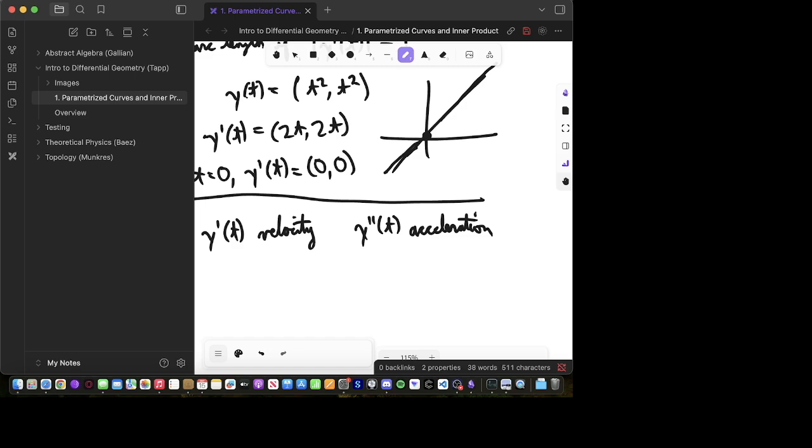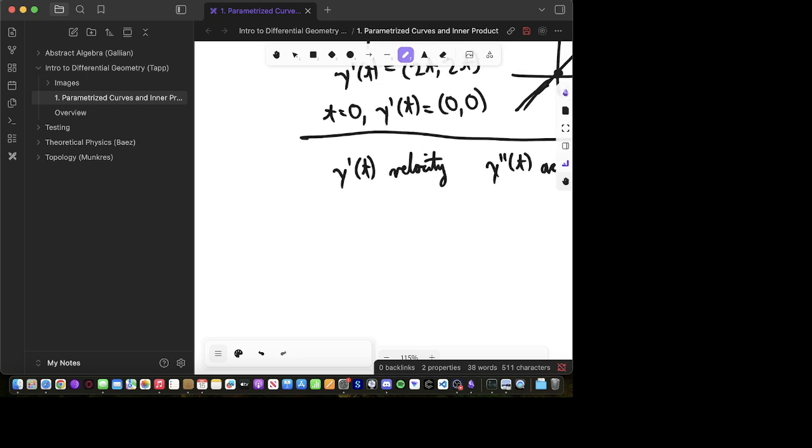Now we've talked a little bit about parametrized curves. Now let's discuss something called the inner product.